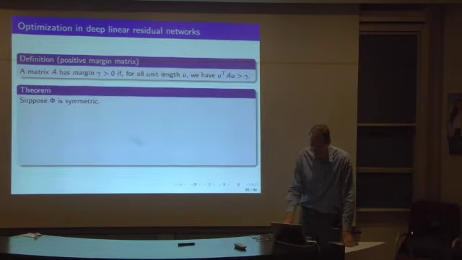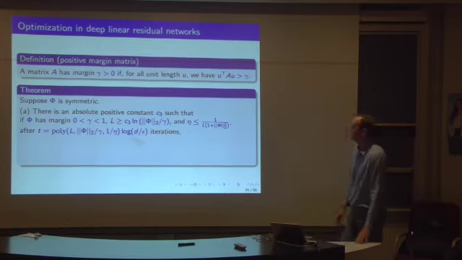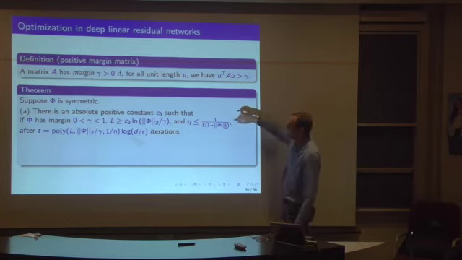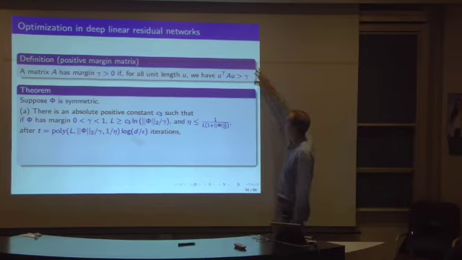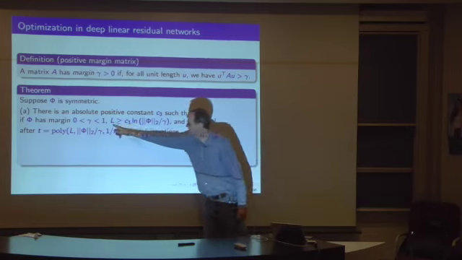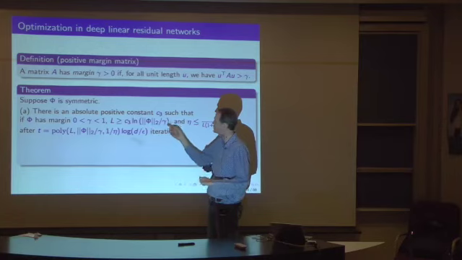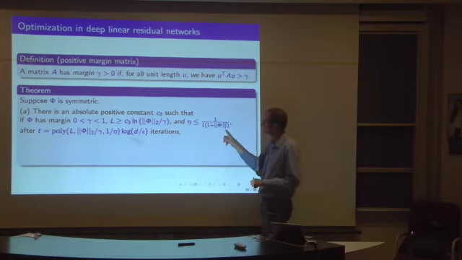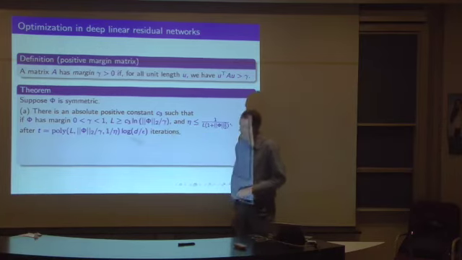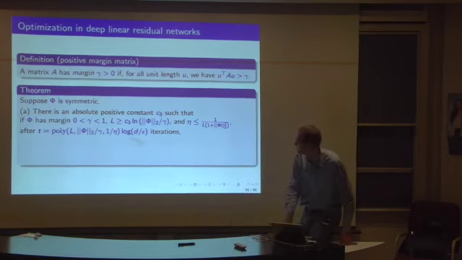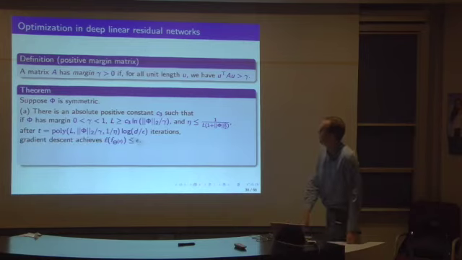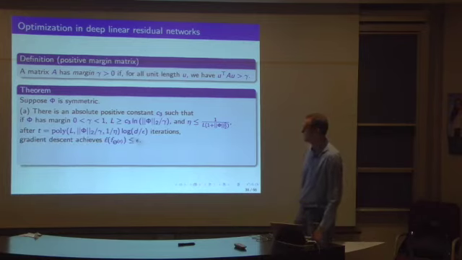So the matrix A is computing a transformation that leaves things at an acute angle to the starting vector. And the theorem is, if we work with a symmetric linear map, and the matrix phi satisfies this positivity condition, the depth L, the number of linear functions in our composition, is not too small, and our step size is not too big, then after some number of iterations, we get a loss that's less than epsilon.